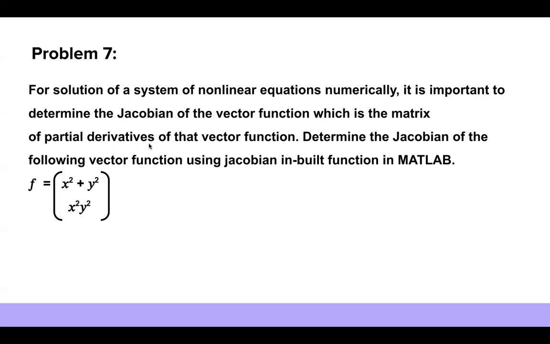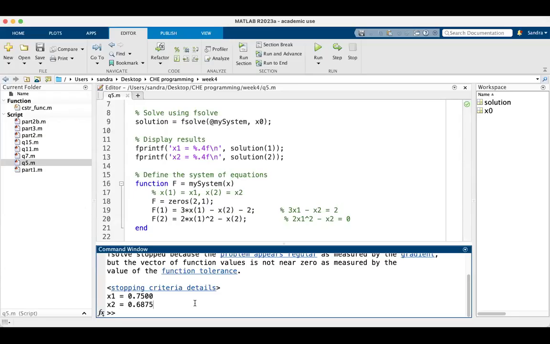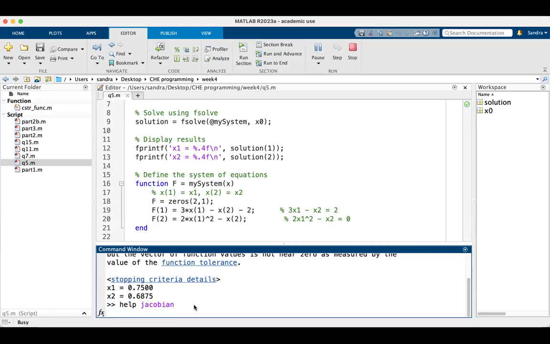Just as you have a Hessian matrix for second derivatives, similarly you have a Jacobian matrix. Now determine the Jacobian of the following vector using the Jacobian inbuilt function in MATLAB. So what we'll do is quickly move to MATLAB, and first we'll type help Jacobian.